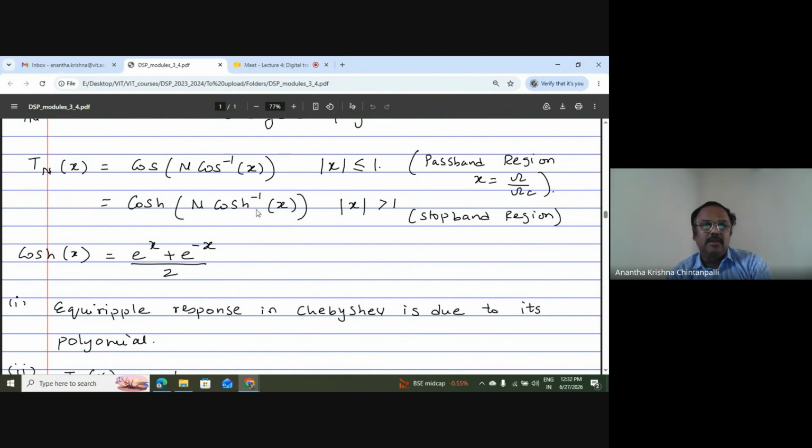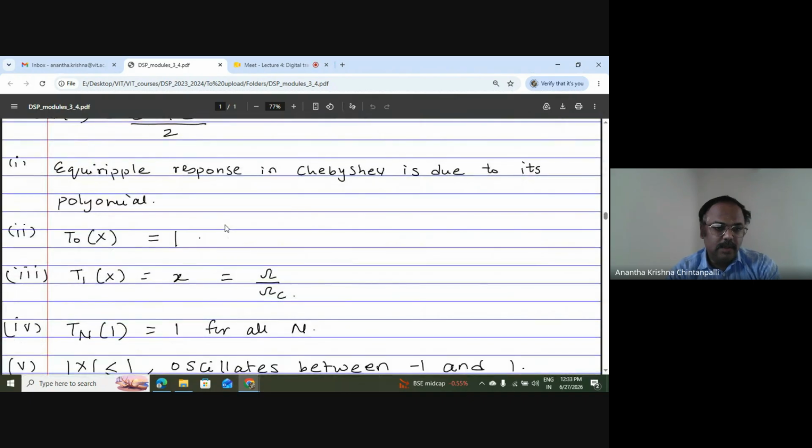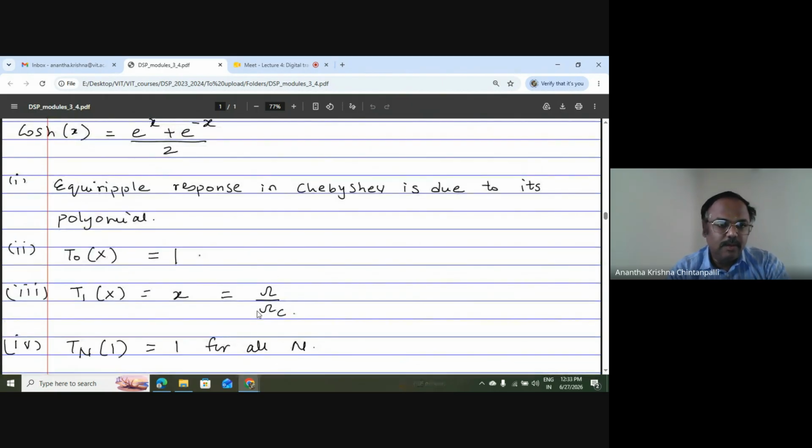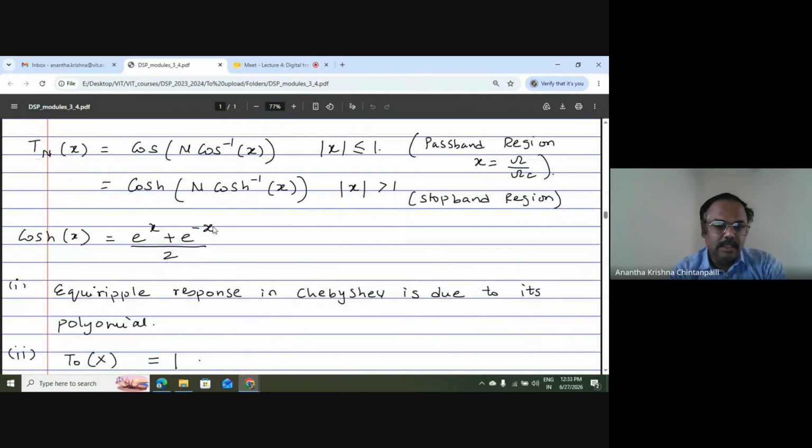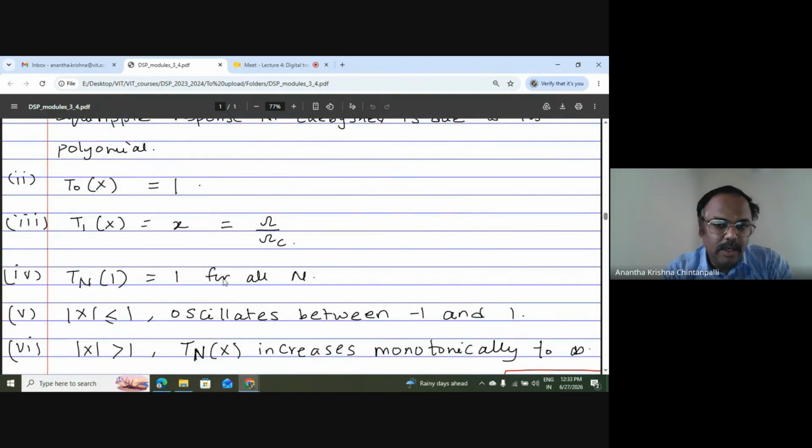Here also, inverse hyperbolic cosine of 1 is going to be 0, so hyperbolic cosine of 0 is going to be 1. So wherever you see x equal to 1, the Chebyshev polynomial will take a value of 1.